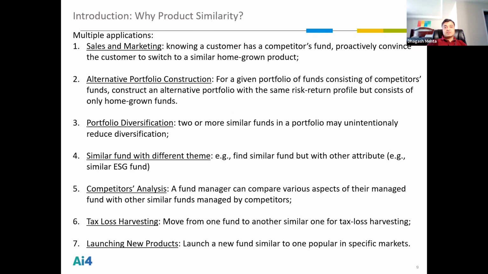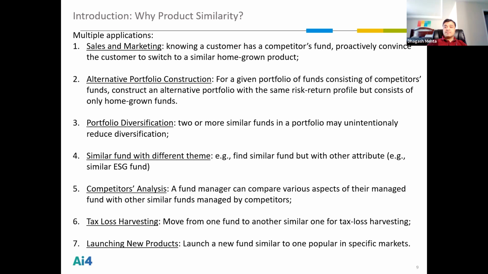So what are the applications for such a product similarity tool? If you have some hypothetical tool to measure this product similarity, what can you do with it? Before going to the details, I want to motivate this problem. Here are the applications that I could think of, but there might be many more.